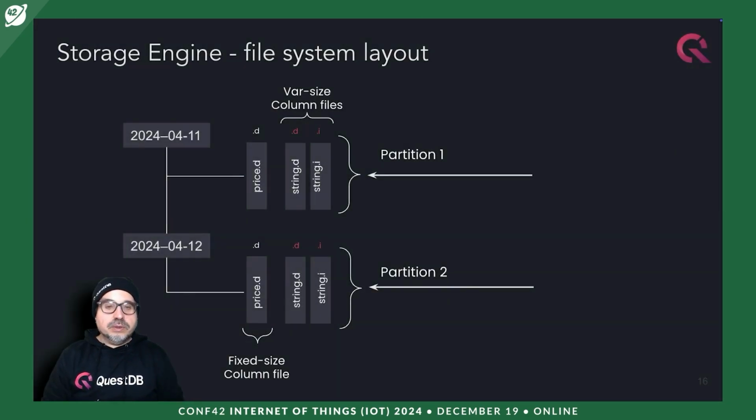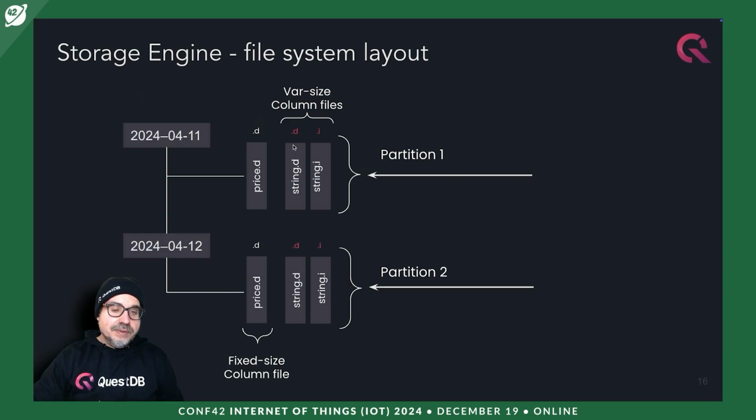We also store the data partitioned by time. So for each time partition, in this case, I'm partitioning by month, for each month, I will have a directory. And inside the directory, I have a binary file with the contents for each column. If the column has a fixed length, like an integer or a long or a float, then it's going to be just one file.